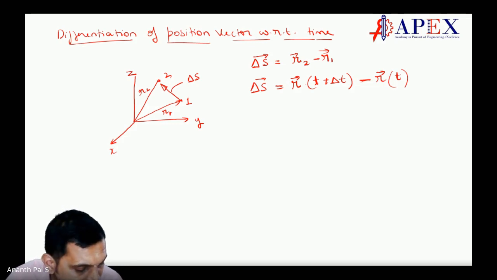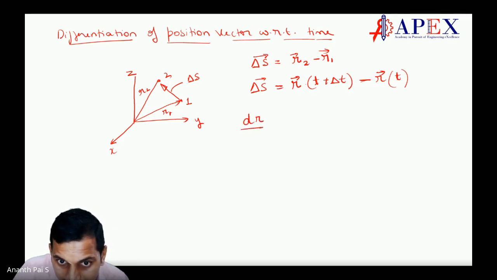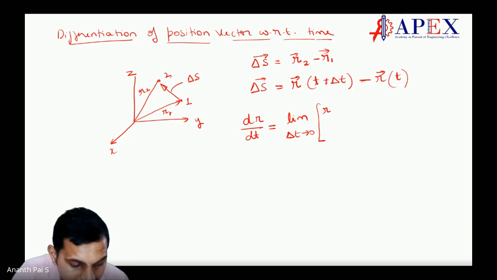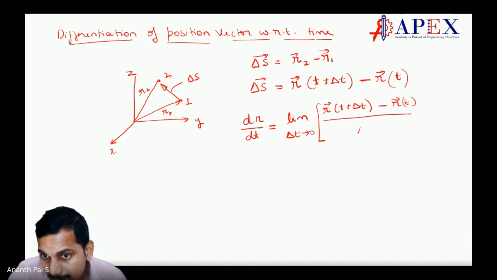Okay. So that's it. Now what is dr by dt if you have to consider? If you want to find out dr by dt, this becomes limit delta t tending to 0 of r of t plus delta t minus r of t, where r of t is r1 and r of t plus delta t is r2, divided by delta t.